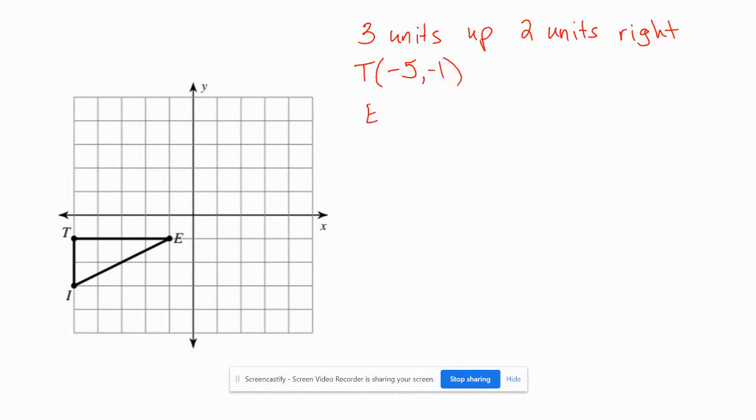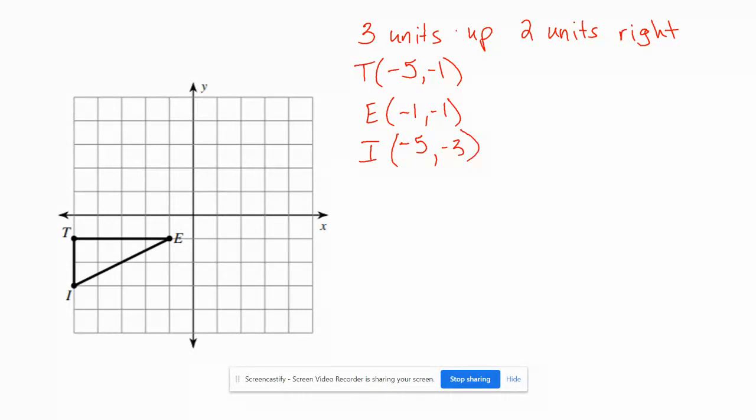Point E should be -1, -1. And point I should be -5, -3.